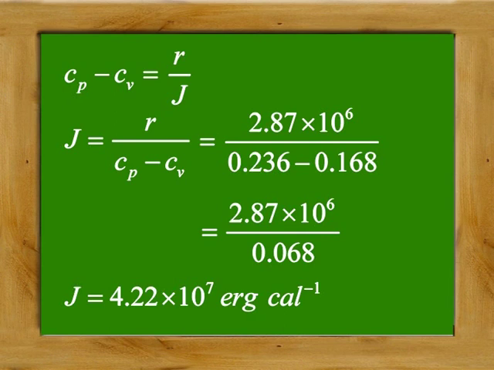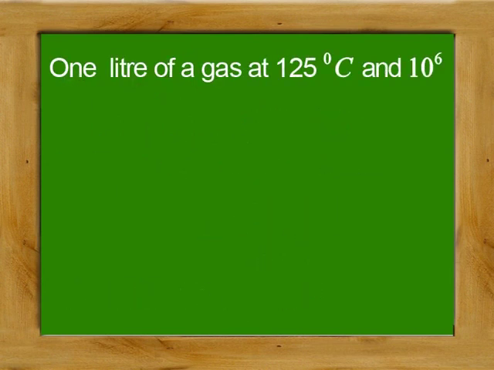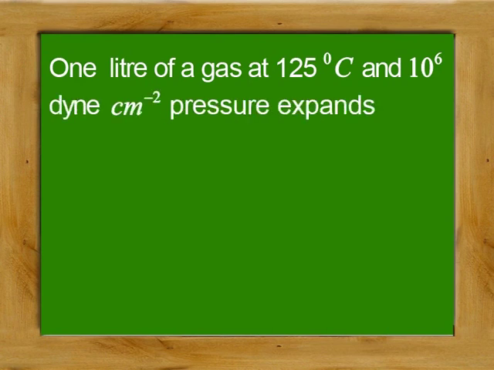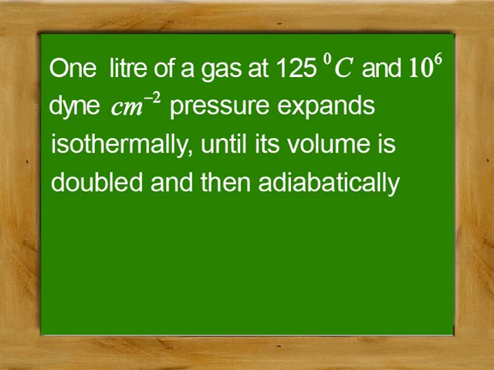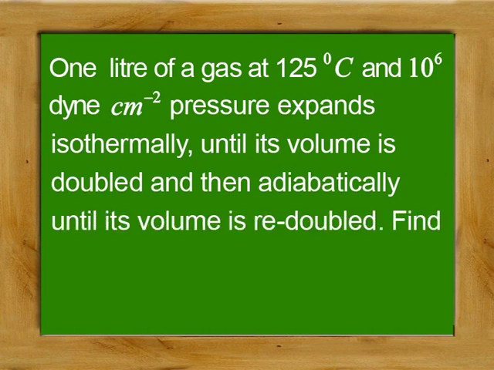And now let's try a problem or two on work done during an adiabatic change. 1 liter of a gas at 125 degrees Celsius and 10 raised to the power 6 dyne per square centimeter pressure expands isothermally until its volume is doubled, and then adiabatically until its volume is redoubled.